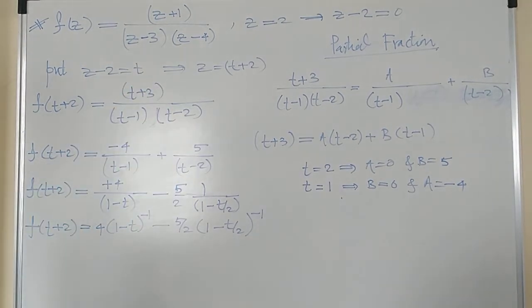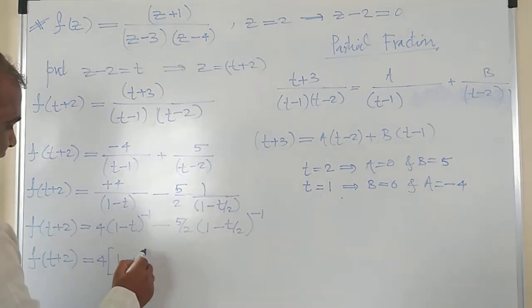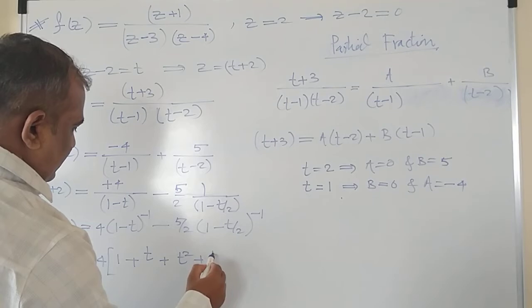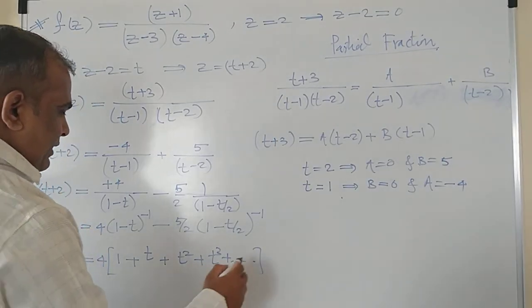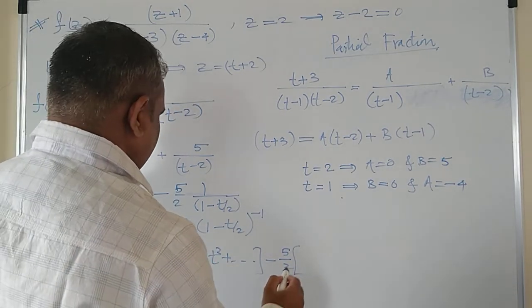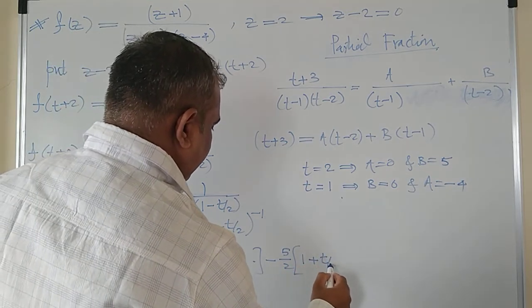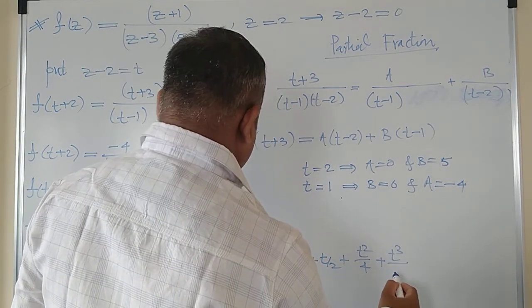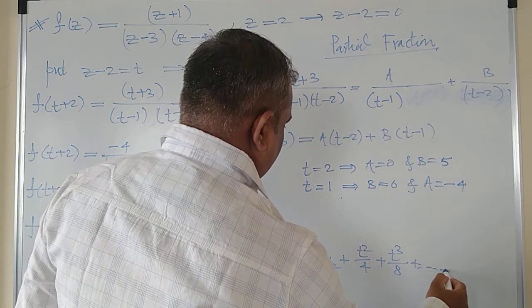Now you can use the expansion of 1 minus x raised to power minus 1, and if both the signs are negative, all terms are positive, so you will get f of t plus 2 is equals to 4 into 1 plus t plus t square plus t cube plus dot dot dot, right, minus 5 by 2 into 1 plus t by 2 plus t square and so on, plus t cubed plus dot dot dot, right?